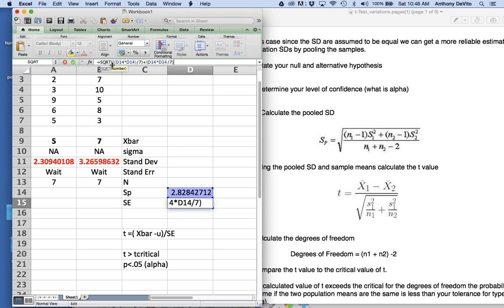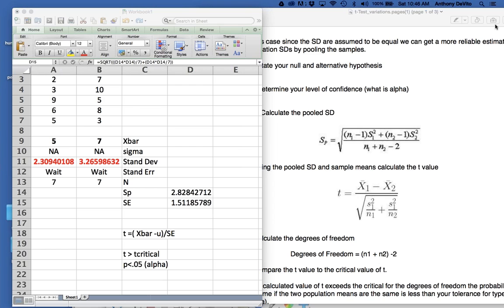If I count these, there's 1, 2, 3 parentheses on the left, and there's only 1, 2 on the right. So it needs an additional one to resolve that. So that's our standard error. You guys get the same answer as I did? Okay, good, excellent.